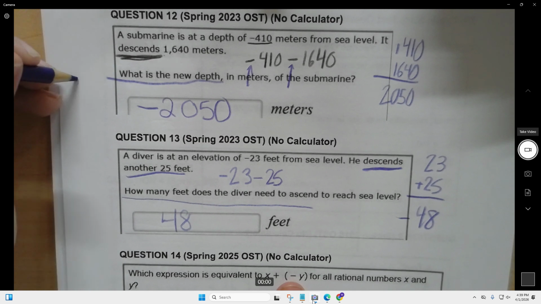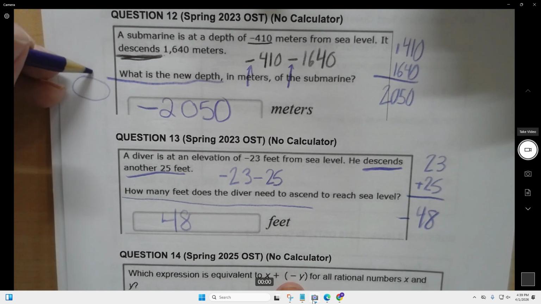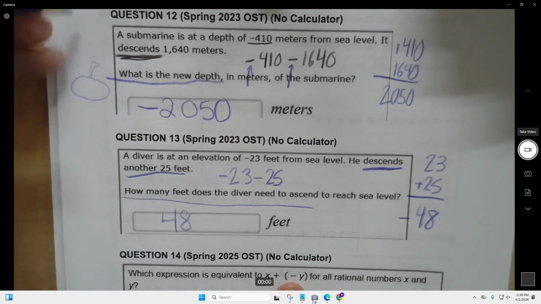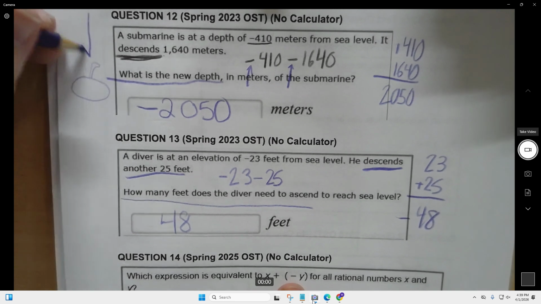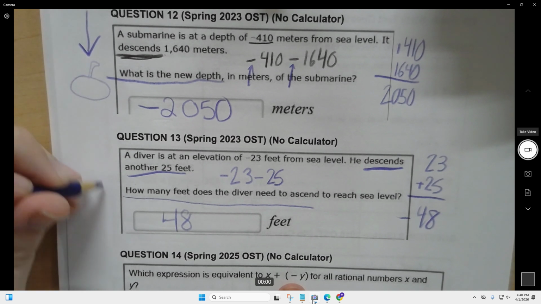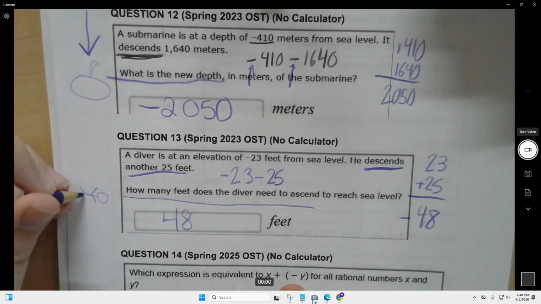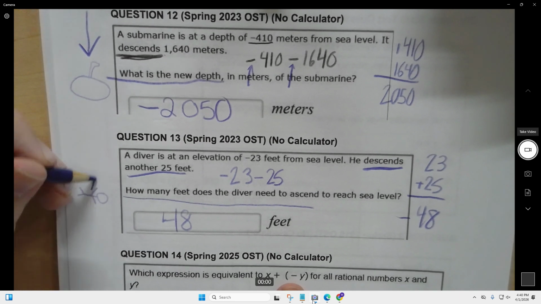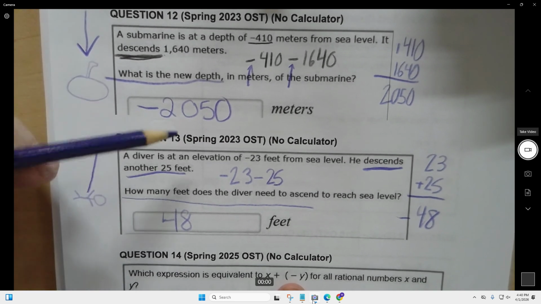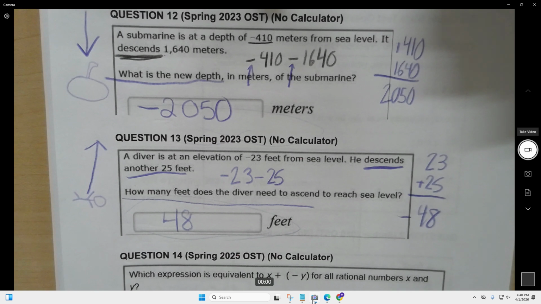In question 12, we're talking about how far below sea level this submarine is. How far down is it? Well, in this question, we're looking at a diver, and we say, how far does he need to go back up? This is negative. This is positive. It's all about context.